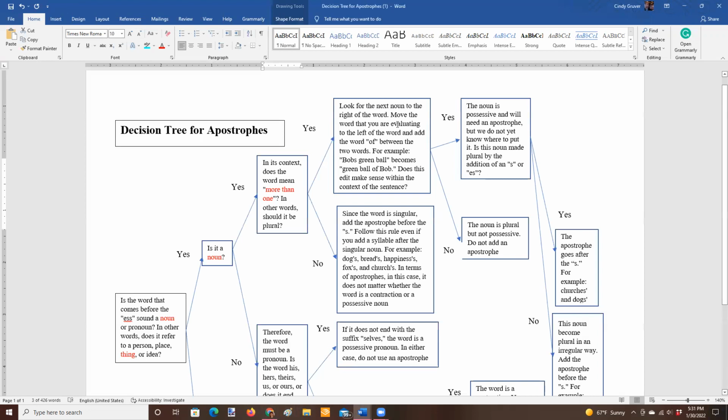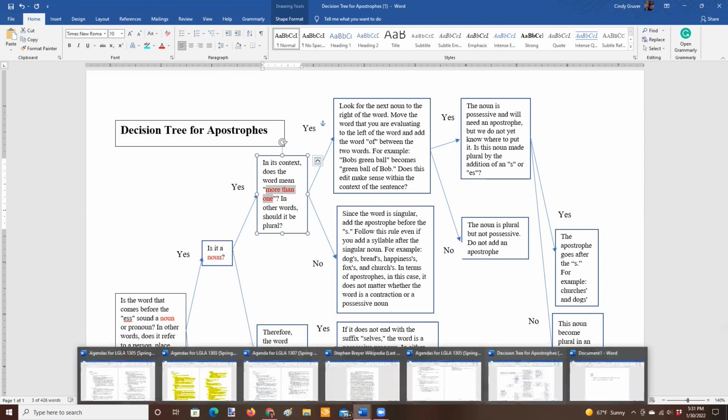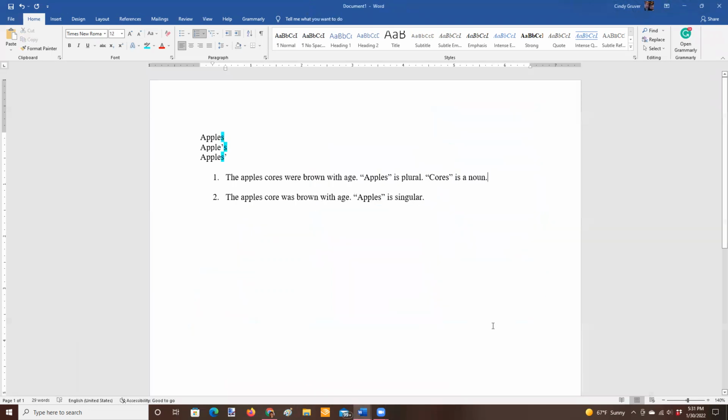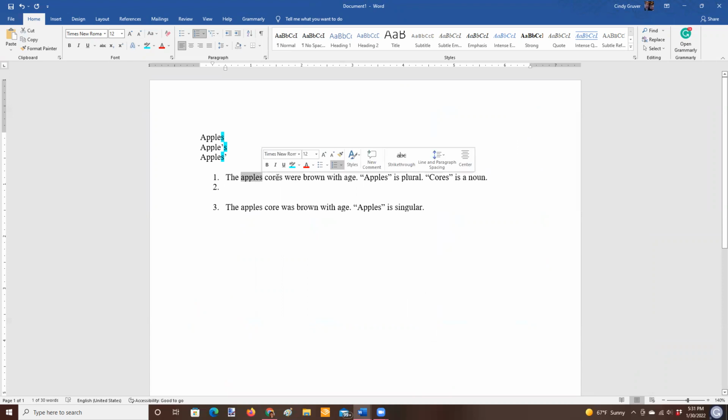So let's go back to our decision tree. We now know that we found the next noun to the right of the word. We're going to move the word that we are evaluating, in other words, apples, to the left of the word and add the word of between the 2 words. Okay, a little bit of a confusing step. But what we're going to do is move this word to be after cores.